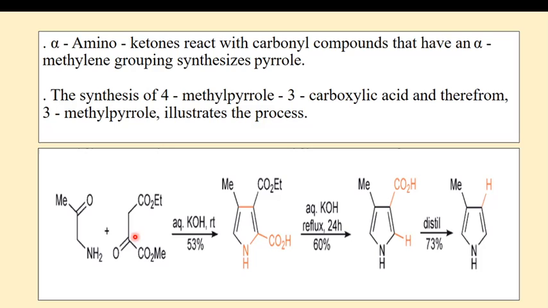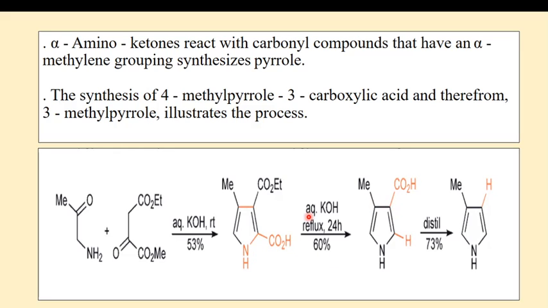So this is a carbonyl compound and this one is an alpha amino ketone, where the amine group is present at the alpha position. So they react with each other in presence of aqueous KOH and give this product. So the synthesis of 4-methyl pyrrole.